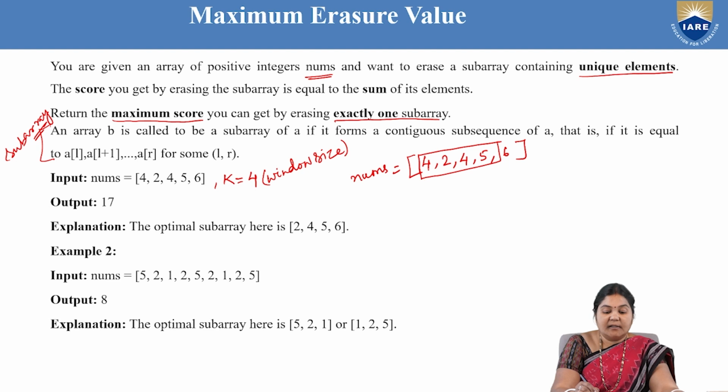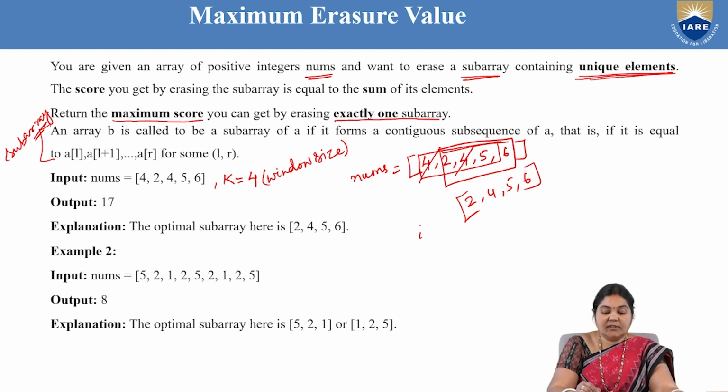You can see here, this 4 and 4 are repeated elements. So what is given in the question? The question is to find the subarray containing unique elements. So I cannot consider this window. Now, next time if I consider the window size of 4, it is 2 4 5 6. So 2 4 5 6 is a window of unique elements, so this is a subarray.